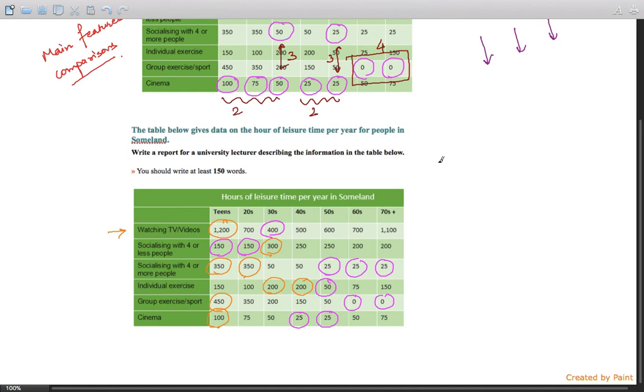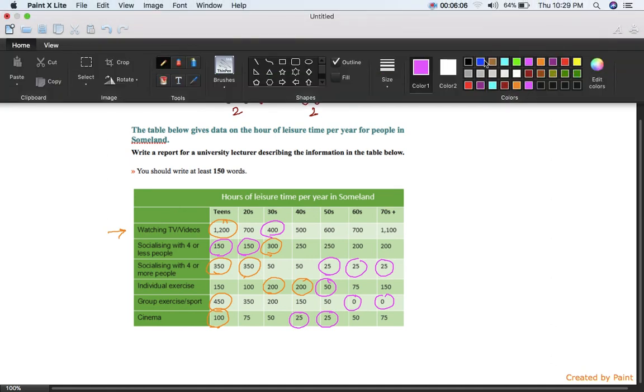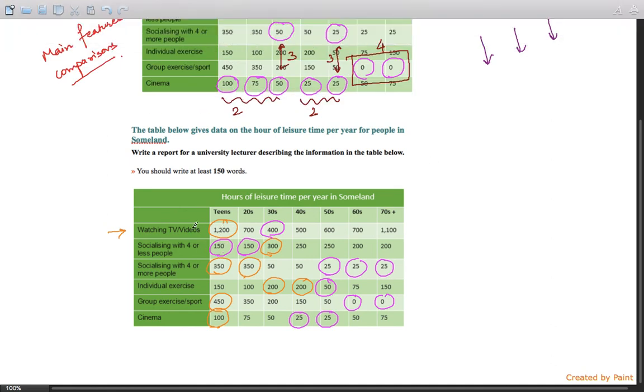So what you can see is for each group, you have to write one sentence on watching TV and video. So that sentence should include these two. The next sentence should include these five elements.